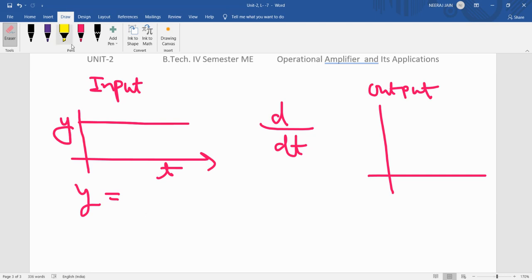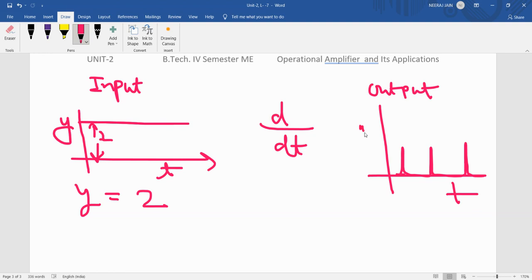We have given the constant value 2. Then if we do the differentiation, we will get such type of impulse pulses at the output.